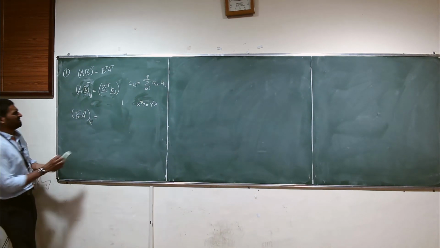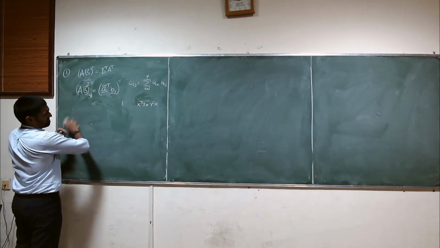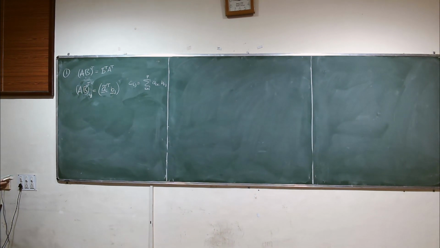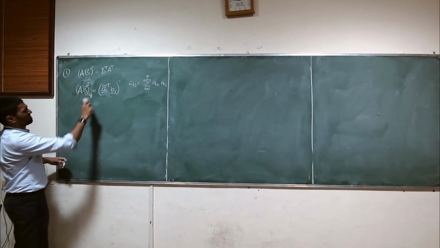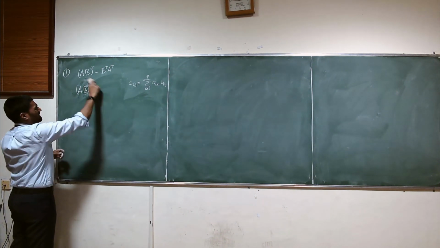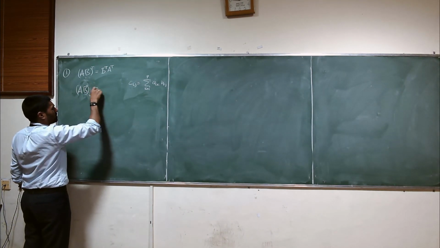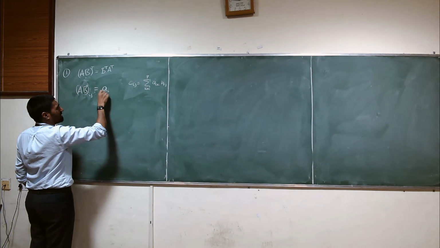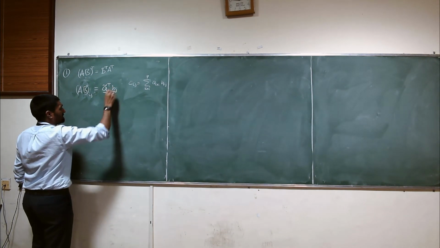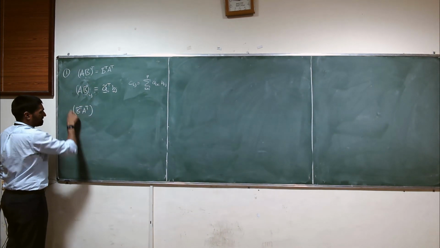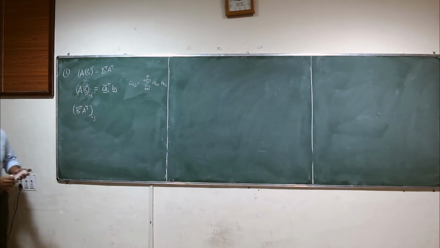Hold on. So now I'll leave it like this. Equals A I E chain. What about the ijth element of this?